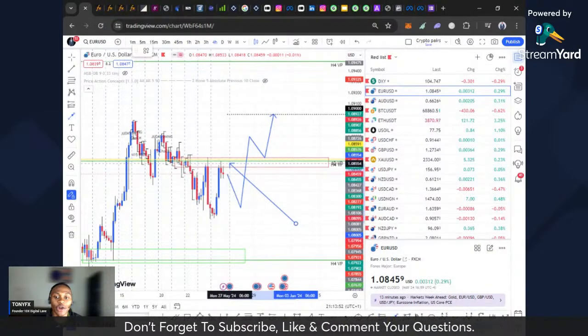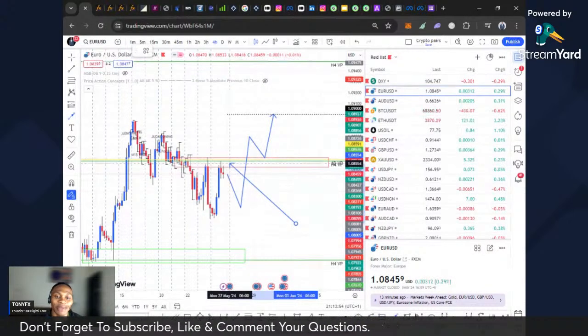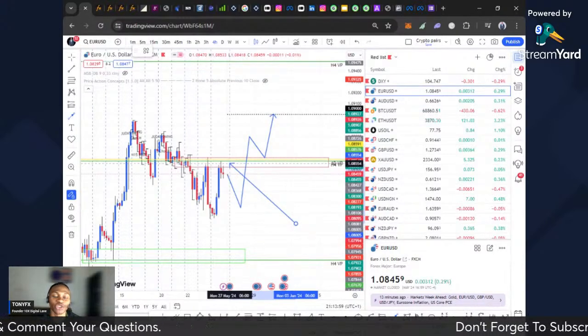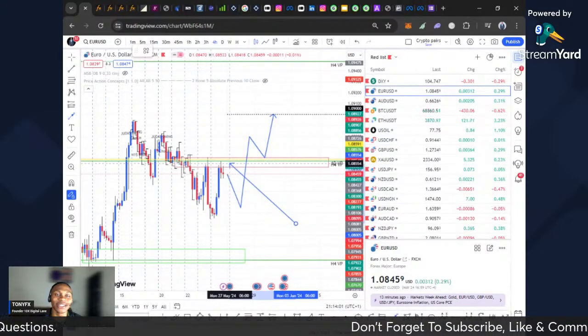Euro USD is 80% to 90% correlated with the dollar. So if the dollar is at a demand zone, Euro USD will be at a supply zone. It is correlated. It is doing the inverse.